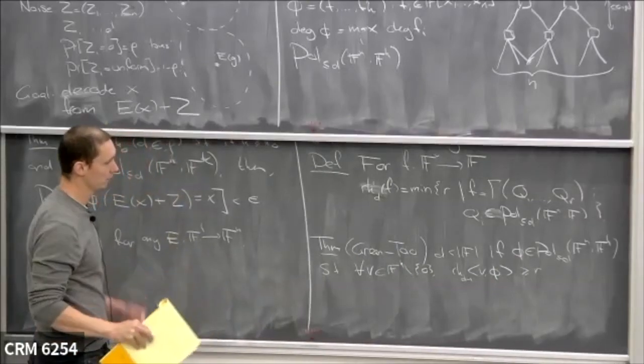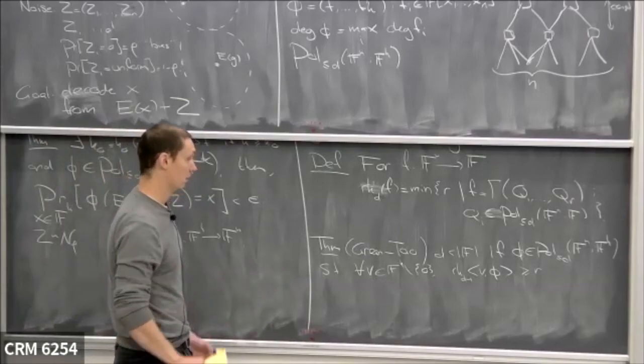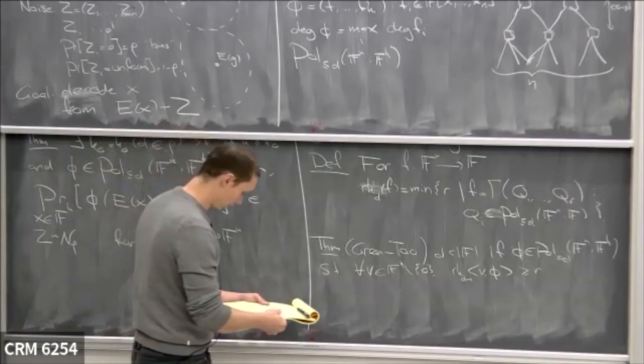Every possible linear combination of the defining polynomials of phi has high D minus 1 rank.